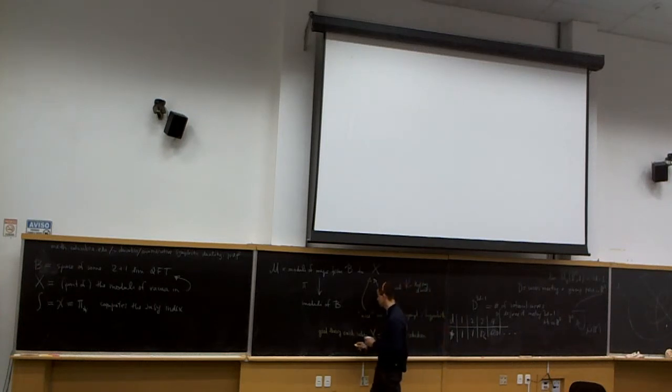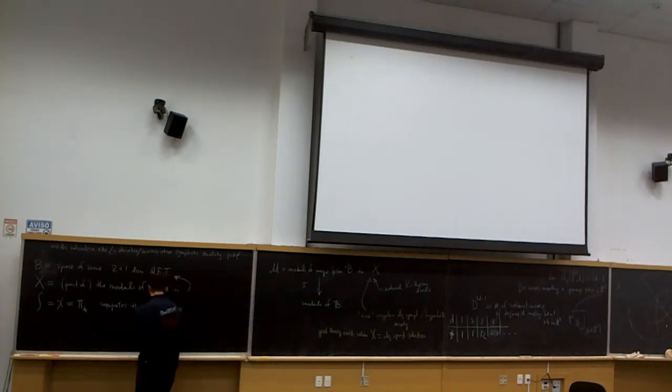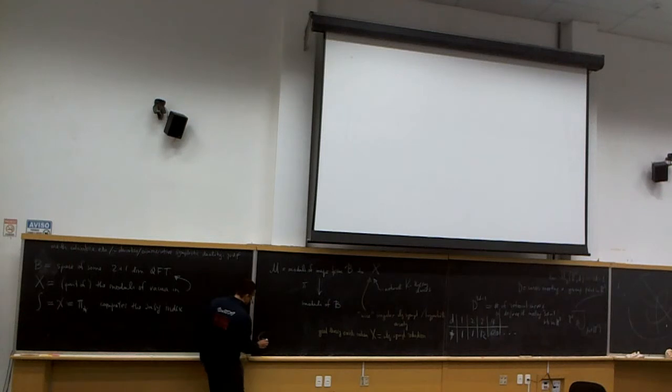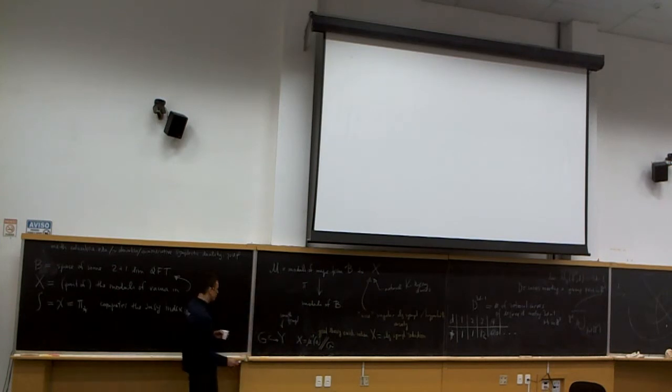Namely, X can be written so there's some group G acting on a smooth symplectic variety. If a group acts in a symplectic fashion, there'll be a moment map, an algebraic moment map, and then you set X to be the algebraic symplectic reduction. You take the zero fiber of the moment map, and you take a GIT quotient by G. So that's a smooth symplectic affine variety.